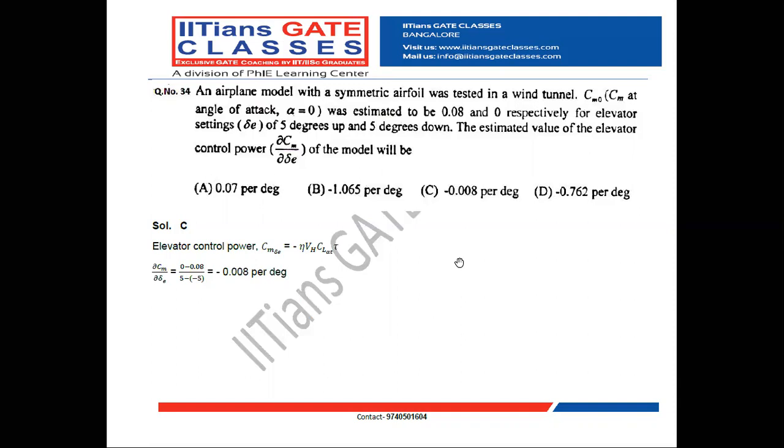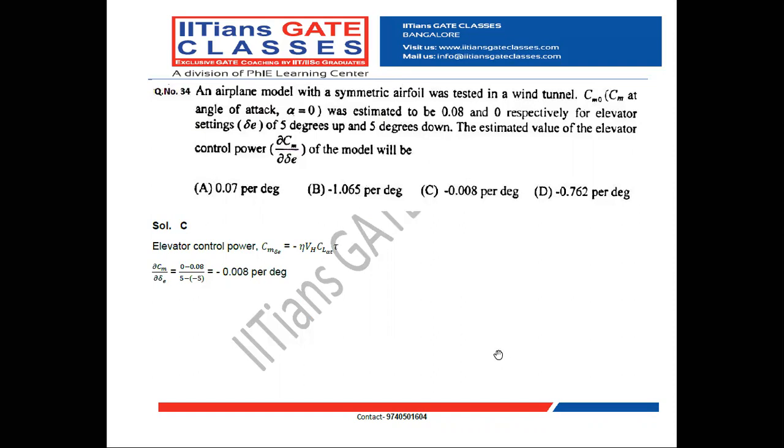The estimated value of the elevator control power, dCm by d delta, of the model will be option A 0.07 per degree, option B 1.065 per degree, option C minus 0.008 per degree, option D minus 0.762 per degree.